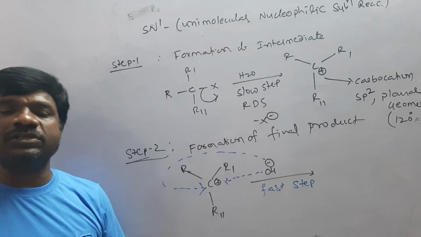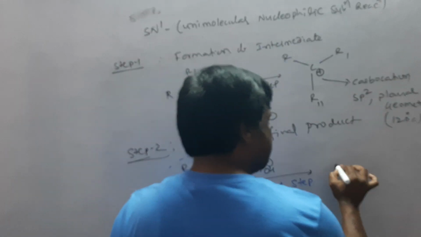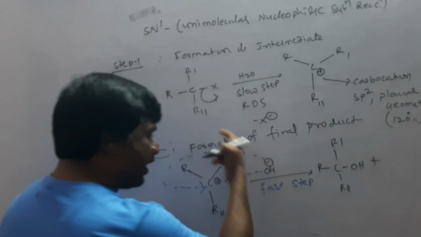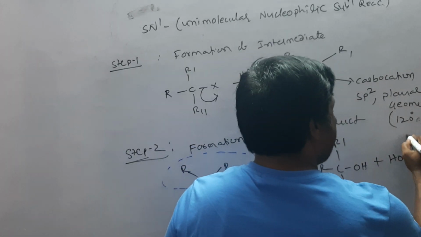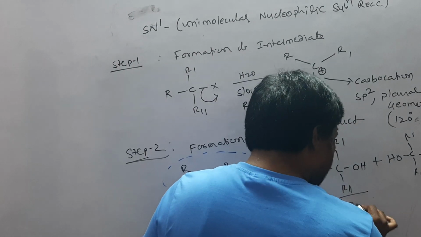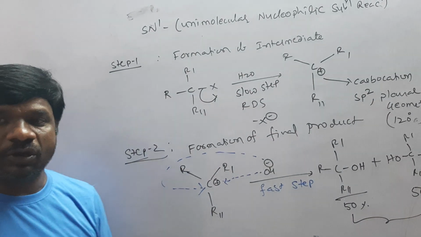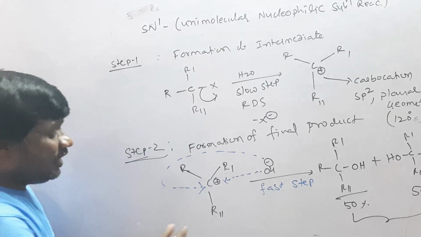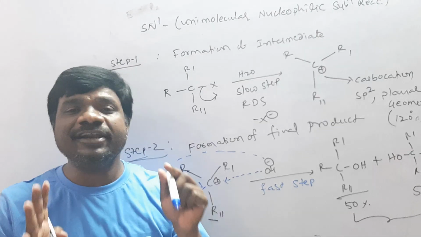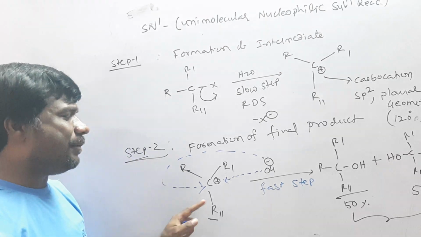Front side attack gives the first form, and back side attack gives the other. So it is 50-50, which is a racemic mixture. If the groups around that carbon are all different, we get a 100% racemic mixture. It purely depends on the R groups.